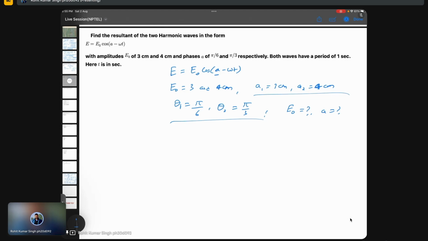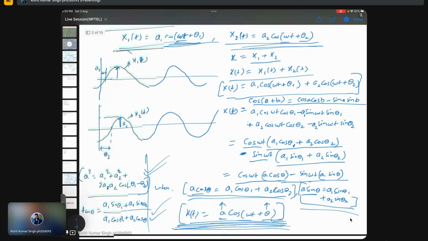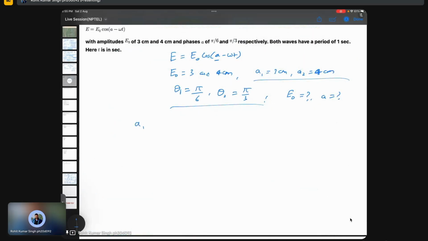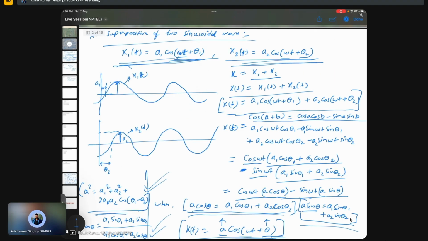We just learned these formulas, right? So we can use these two formulas to find this, correct? Everything is given. The resultant amplitude E naught will be nothing but the square root of a1 square plus a2 square plus 2 a1 a2 cos of theta 1 minus theta 2.